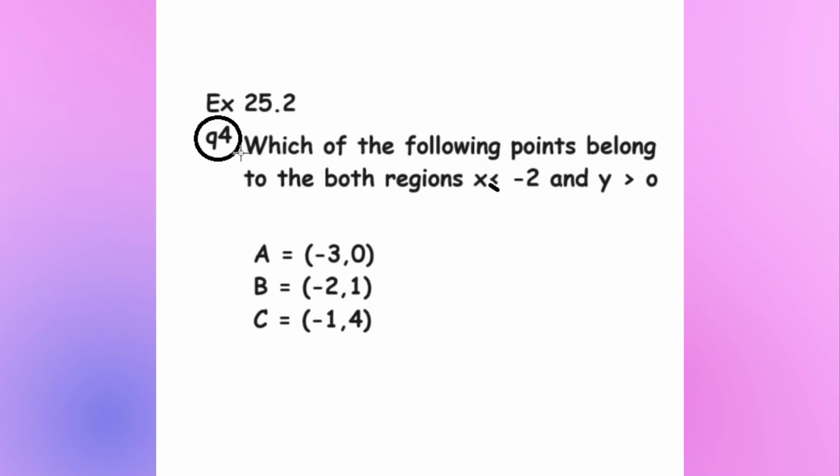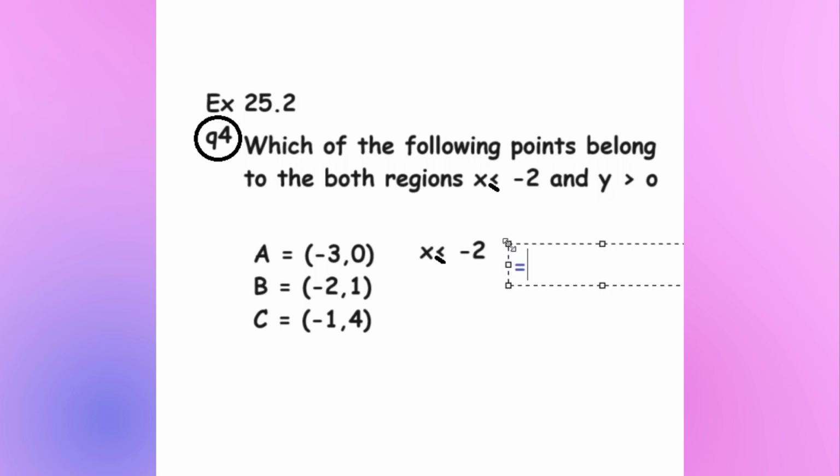Let's see question number 4, how to do without using the Cartesian plane. Which of the following points belong to both regions x less than or equal to minus 2 and y greater than 0? First thing is to write the values of x which satisfy x less than or equal to minus 2.